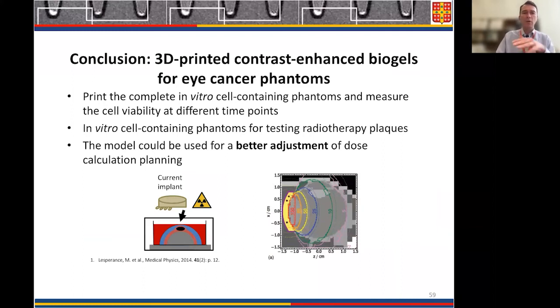And now our current research activities are for the demonstration of the two types of hydrogels, the dose control hydrogels and the biological hydrogels, used for assessment of those contours in partnership with medical physicists.